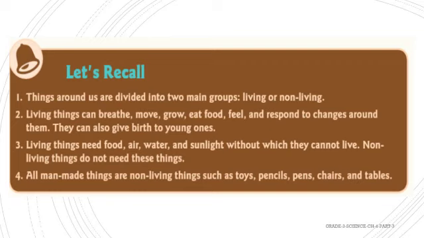Secondly, living things can breathe, move, grow, eat food, feel and respond to changes around them, and also they give birth to young ones. We have studied all these features in detail: living things breathe, they can move on their own, they grow, they need food, they feel hot and cold, and they respond to the changes around them. And also give birth to young ones.